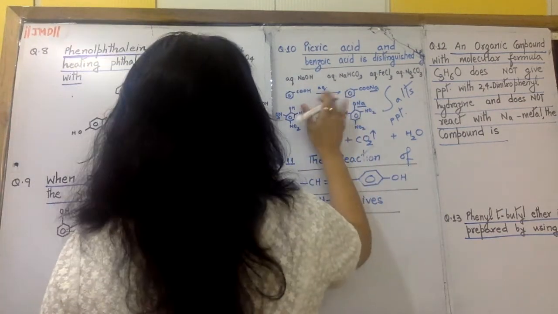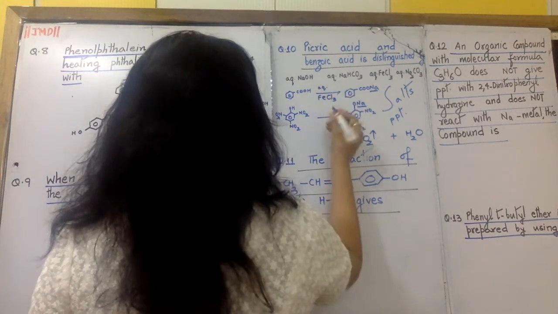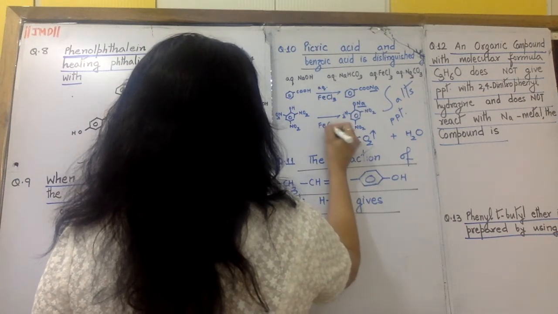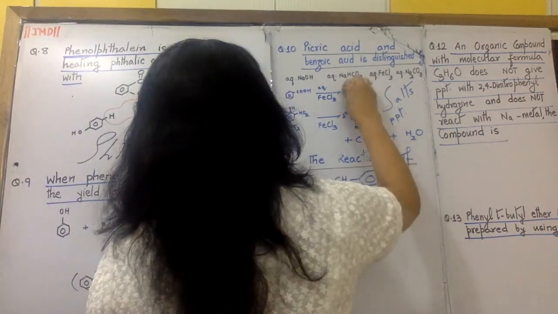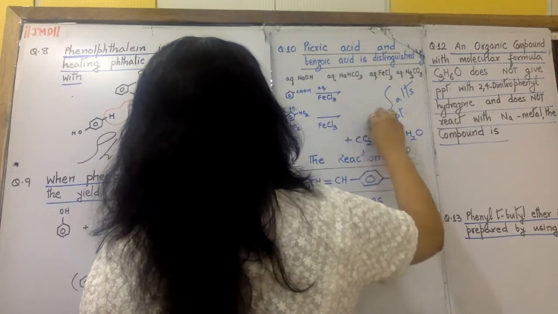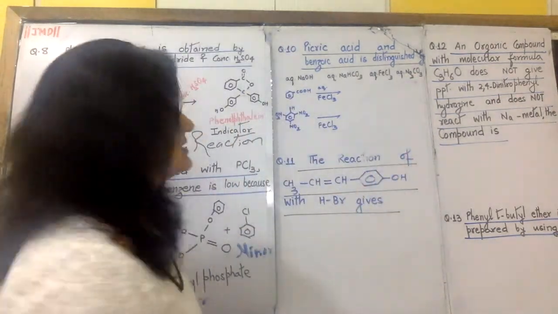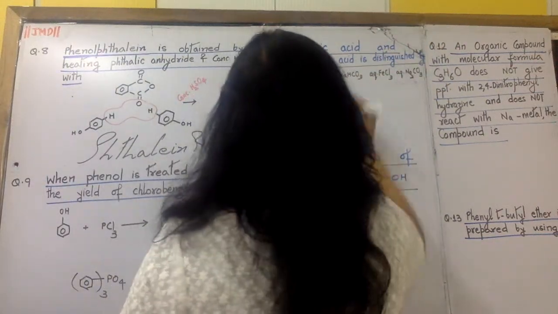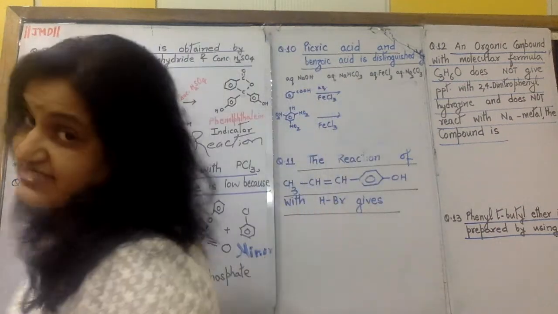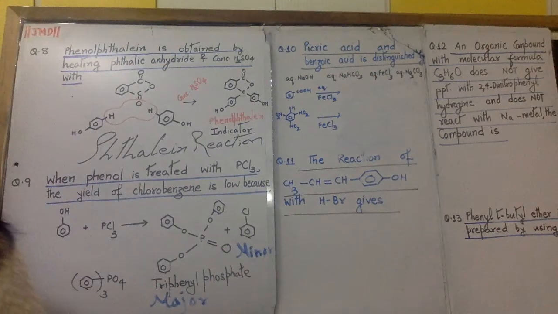If I use aqueous FeCl3, then picric acid with aqueous FeCl3 gives brown coloration. You can note it, students.